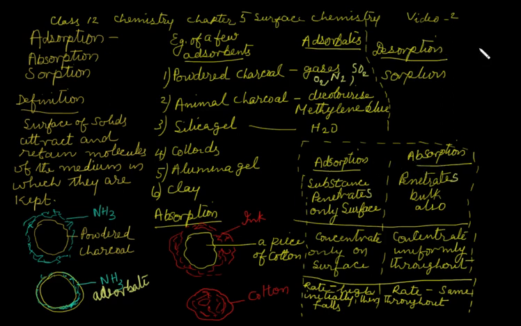Now let us see another point. What is that? Desorption. The adsorbed substance can be removed from the surface of the adsorbent by suitable methods. That process is called desorption. What is sorption? It is a process wherein both adsorption and absorption take place simultaneously.